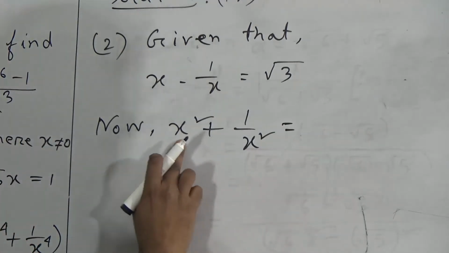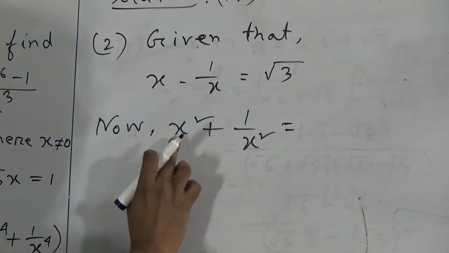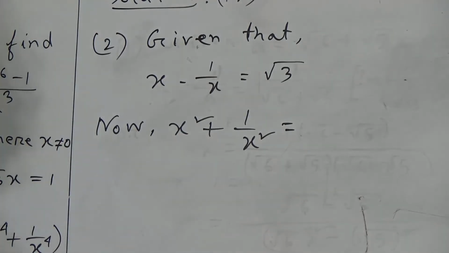Here we will consider x as a and 1 by x as b. Then we can apply formula a square plus b square. You know that a square plus b square equal to a plus b whole square minus 2ab. Again a square plus b square equal to a minus b whole square plus 2ab.